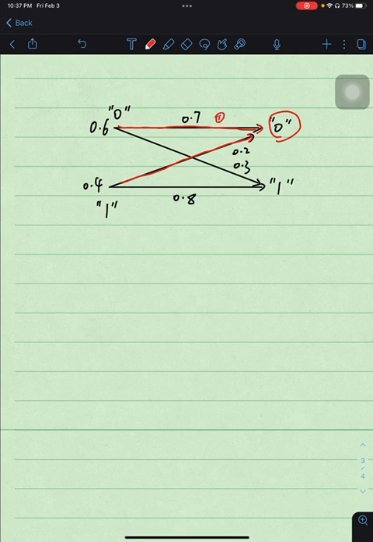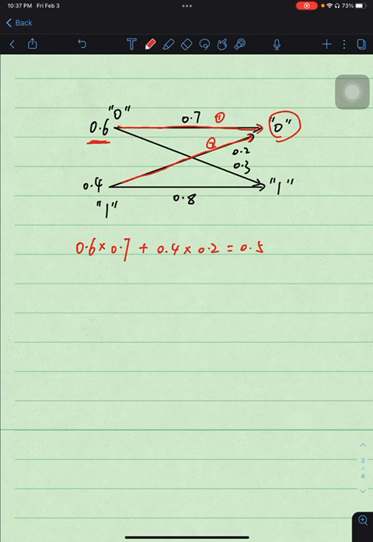When we want to send 0, the probability is 0.6, and the channel is 0.7, and the second part is 0.4 and 0.2. It is the answer actually. We can get the answer is a half, right?